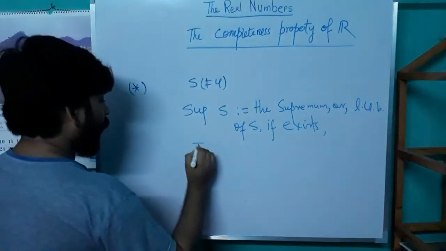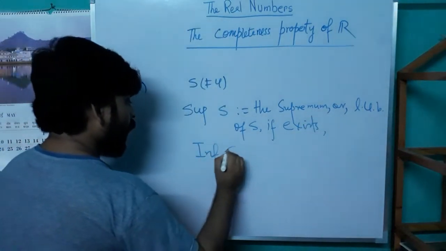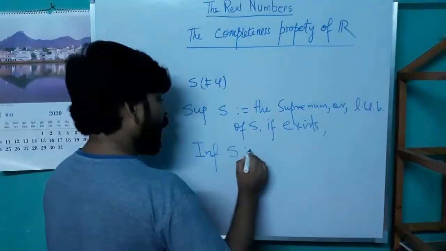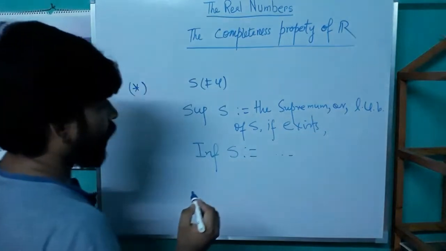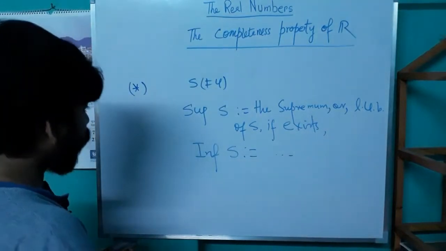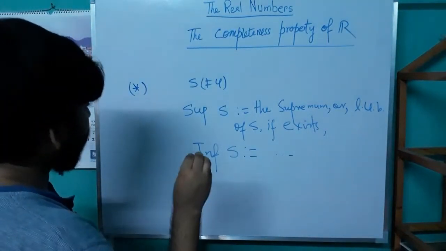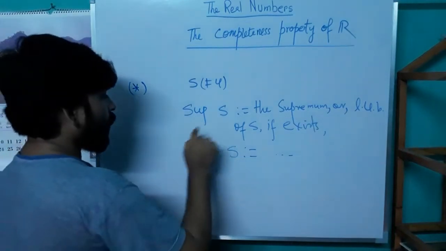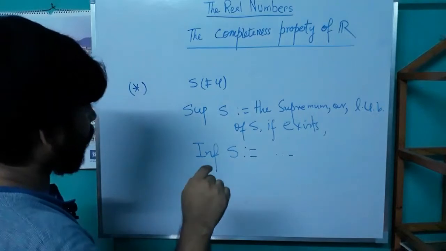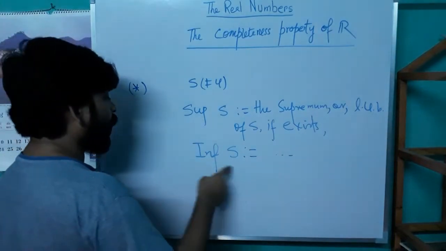And similarly we can define the infimum of S, the infimum of the set S if it exists. So these two are the notations. If a set S has the supremum, then it is denoted by sup S, and if a set S has the infimum, then it is denoted by inf S.